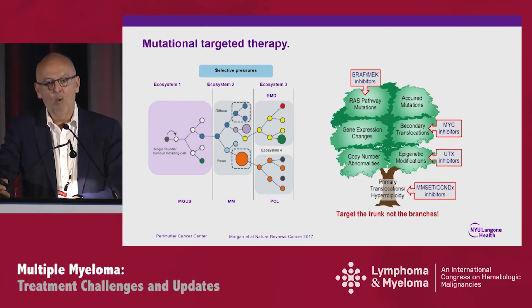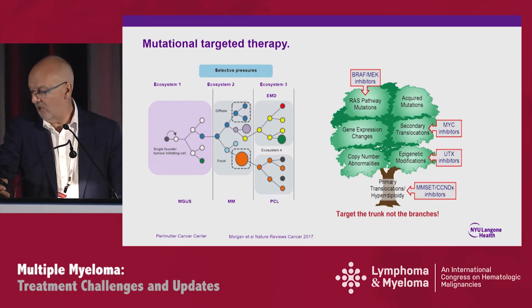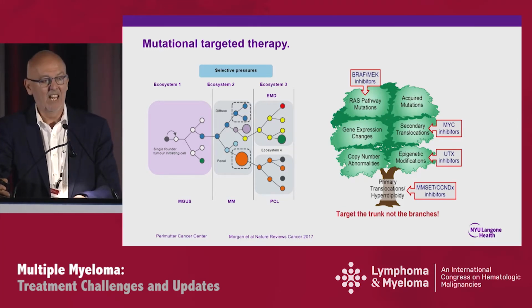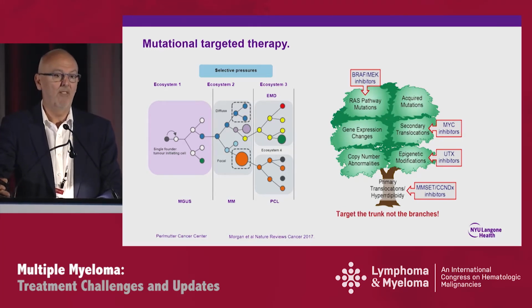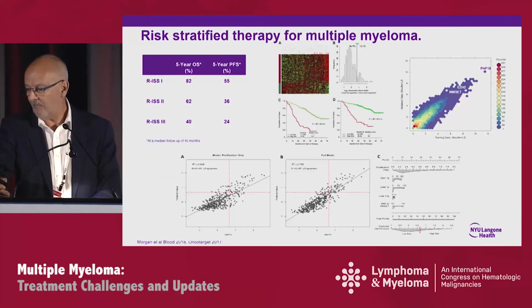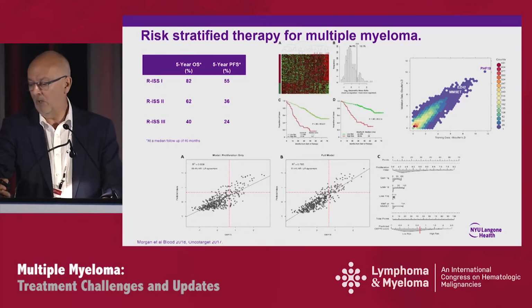And so what you should do is target the roots of the tree or the trunk of the tree. And I think that's why the BCL2 inhibition with venetoclax actually targets the root of the tree and leads to complete and durable responses. So can we go any other way than targeting mutations?